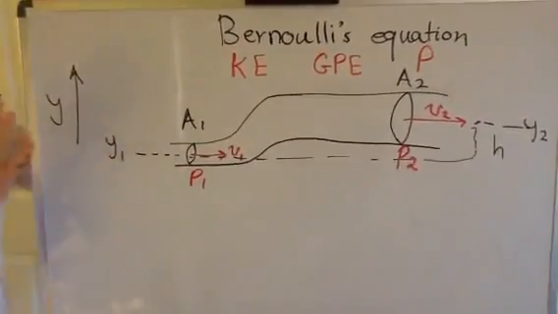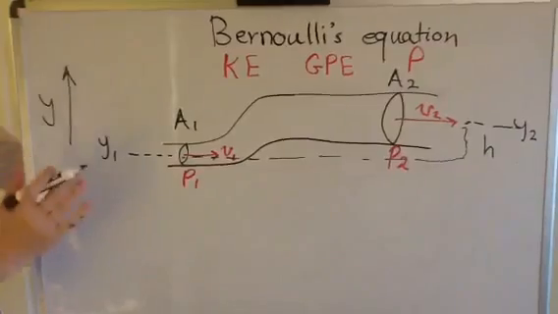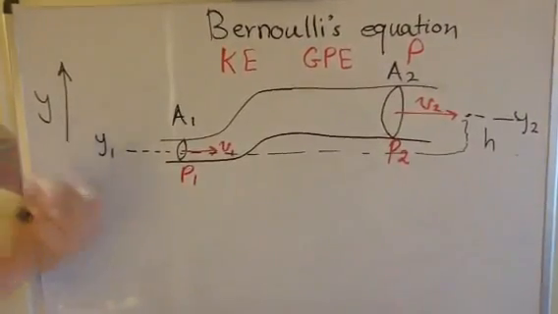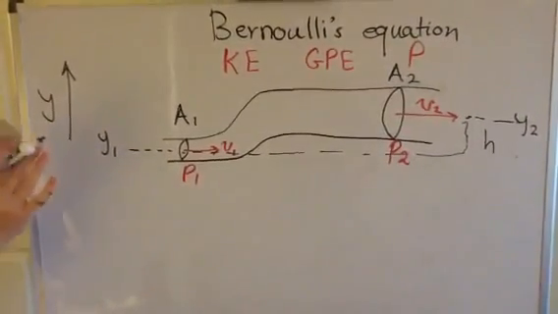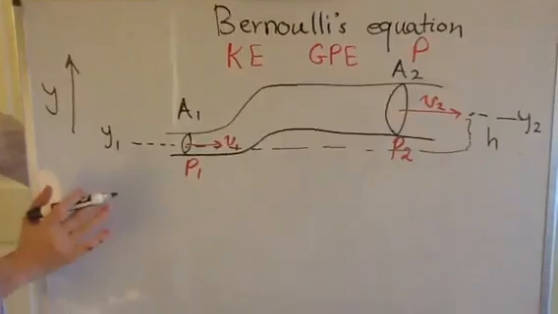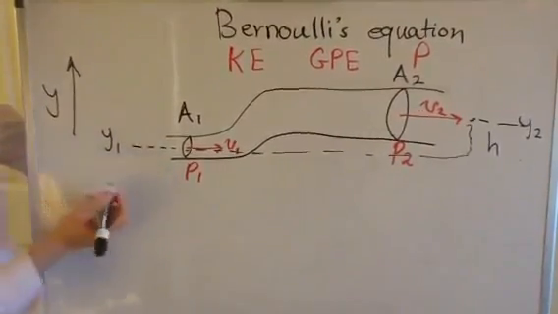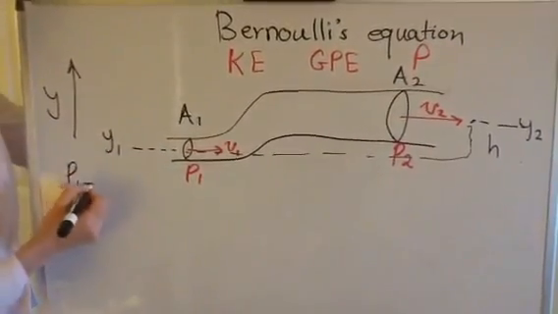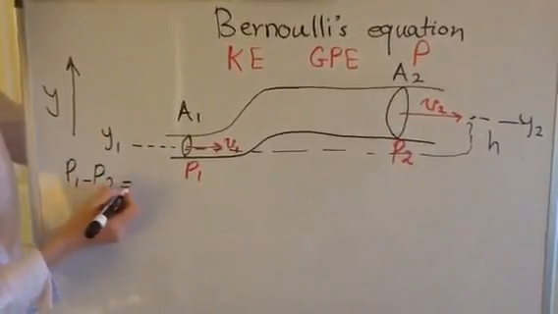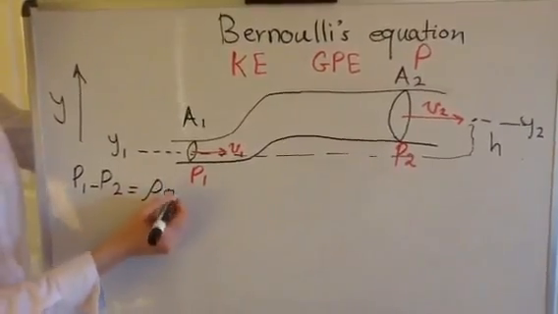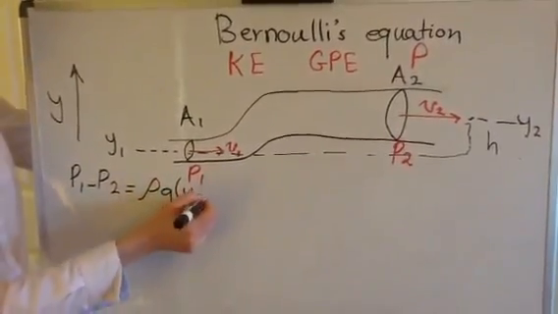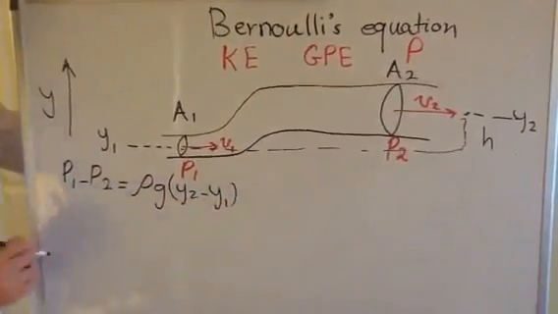If this incompressible fluid is static, or in other words standing still, then P1 minus P2 equals rho g (y2 minus y1).